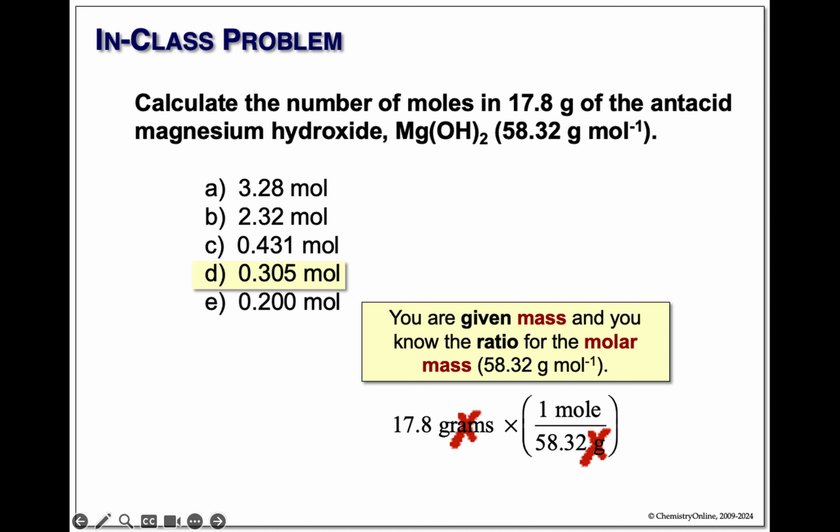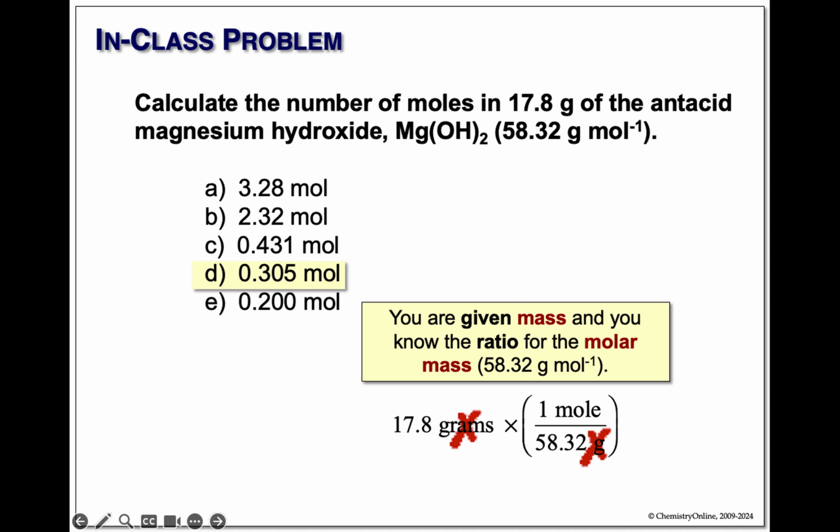Now I want you to think about what we just did, because this is a useful thing to remember. You could write it on your hand, you could write it on your 3x5 card. We took a mass and we divided it by the molar mass. What did we get?